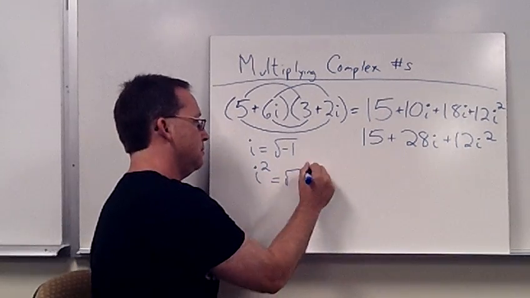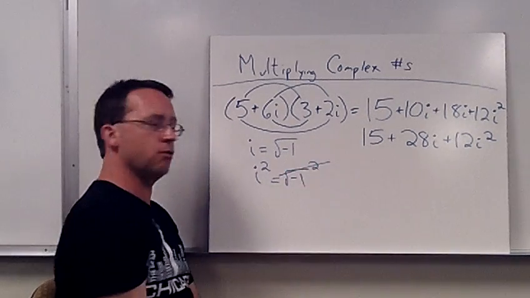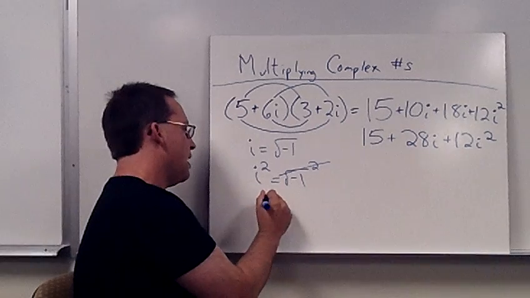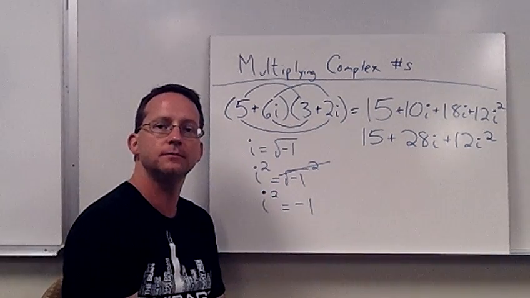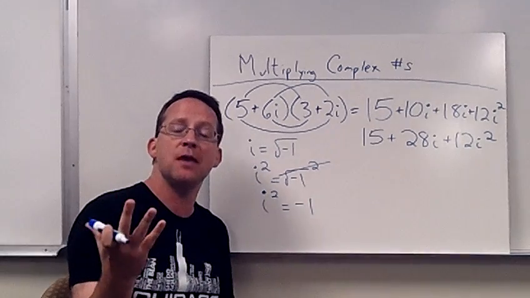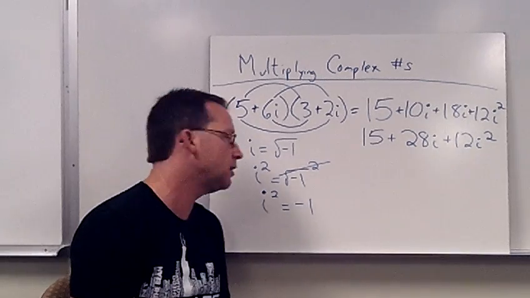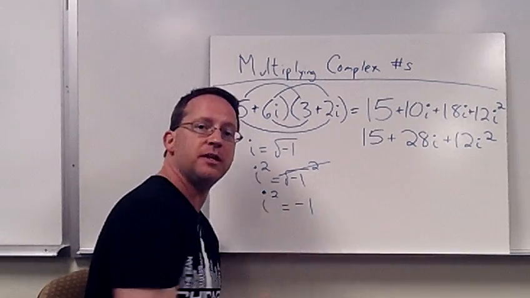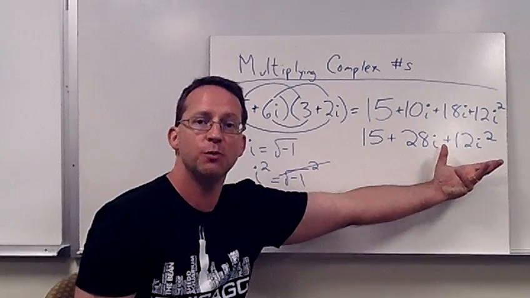Well, it would be the square root of -1 squared. The square root and the square would cancel out, and we find that i squared is -1, right? i squared is equal to -1. So while i may be imaginary, i squared is real. Right? i squared is simply -1.